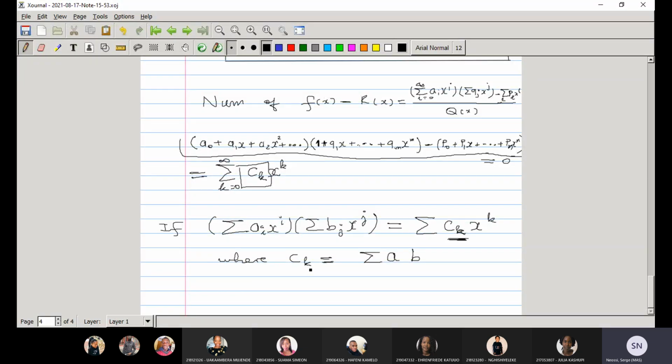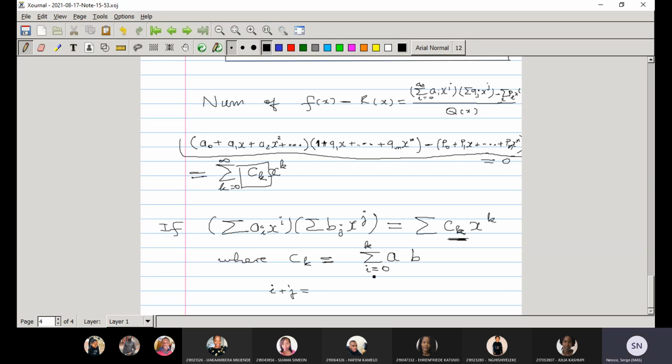I call this c_k. Now I can decide that this is i. So this will run from 0 to this k, in such a way that the sum of these two indices will be equal to k. The sum of these two indices: if I call this i and call this j, i plus j should be equal to k.